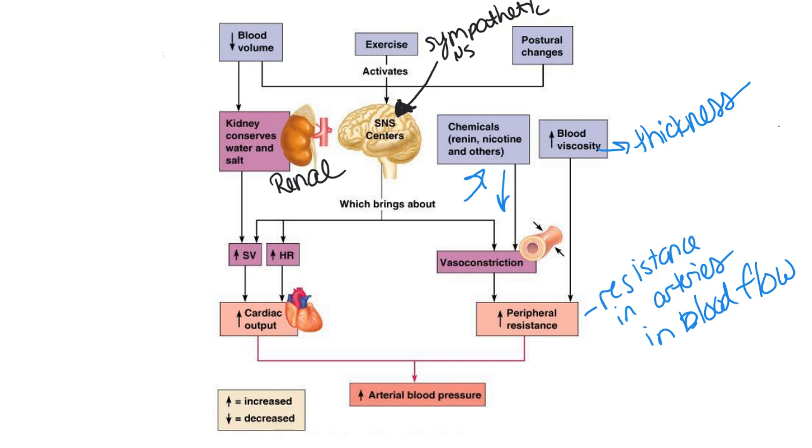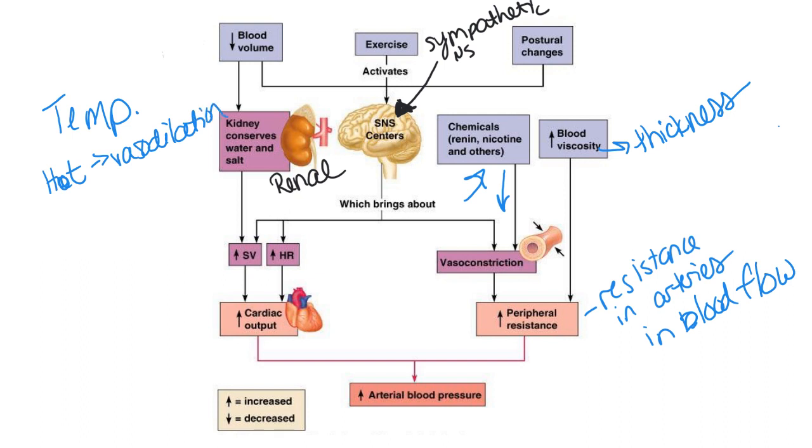Okay, so when we impact peripheral resistance, like for instance with heart disease or something like that, that's where we start to see that increase in blood pressure as well. Body temperature can have an impact on pressure, right? When we get too hot, in response to heat, we do a vasodilation response, right?